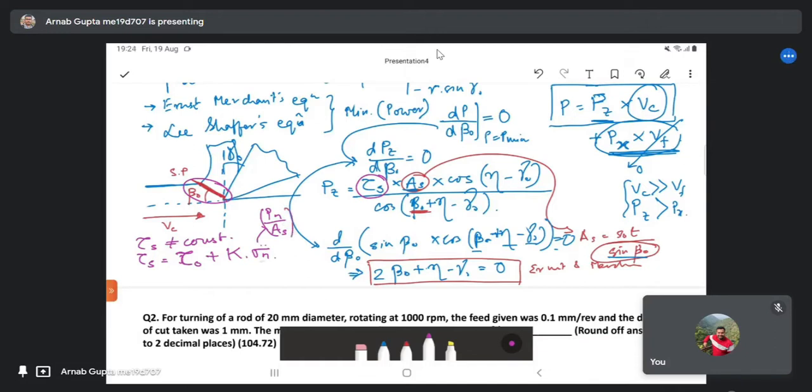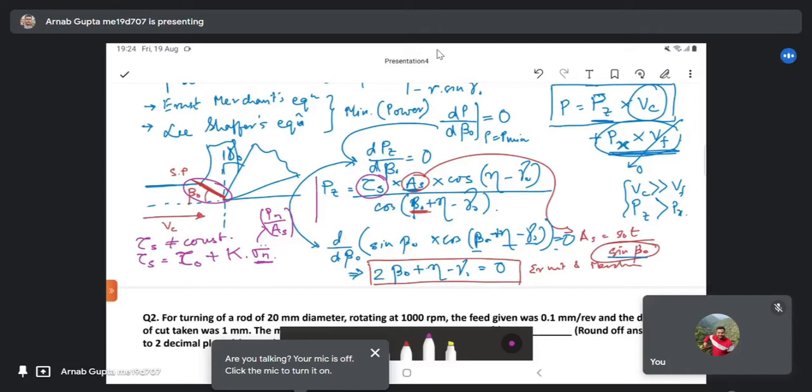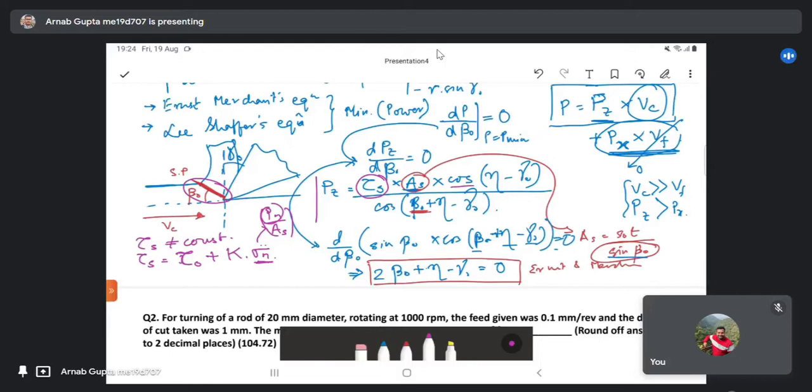Now we can rewrite this sigma n term in this manner. If we draw the Merchant circle and again derive this Pn from there, there will be a sine term here, and this As will get cancelled out. I'm not going into the details of that. You can try it out by yourself.